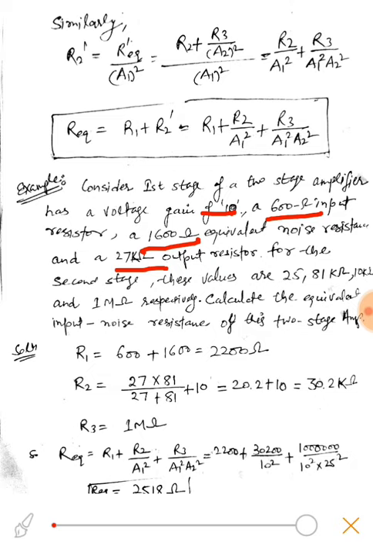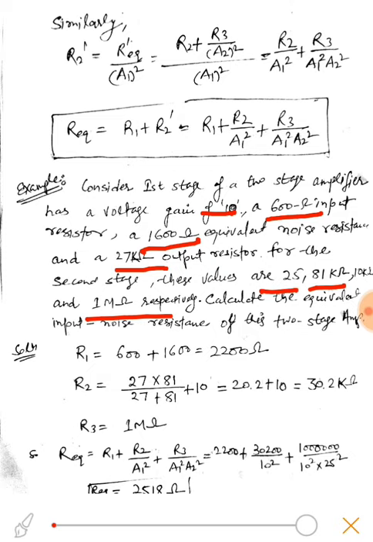For the second stage, we have 25 gain, 81 kilo ohm input resistor, 10 kilo ohm noise resistance, and 1 mega ohm output.